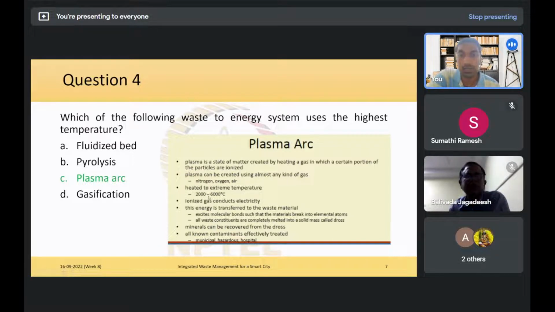That's why this plasma technique is a very highly energy intensive technique. And there are advantages to this, because it's going to destroy almost all of the material that we have. So it is going to help us, but on the other hand, the trade-off is that it requires a lot of energy. So that's the plasma technique.